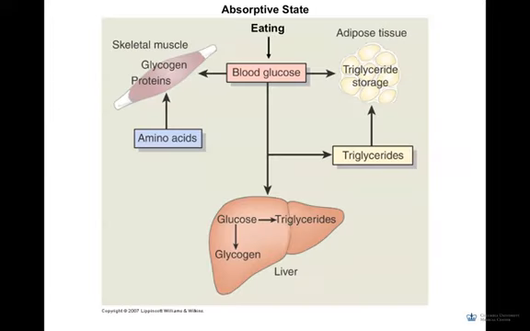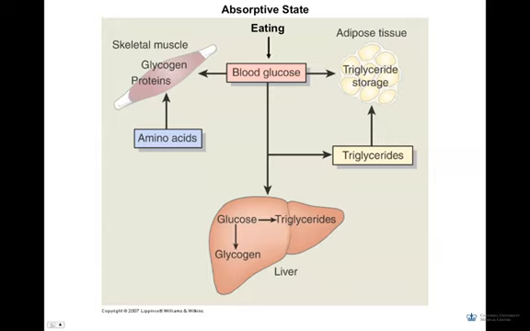So what happens during the absorptive state to help achieve this goal of maintaining a normal range of blood glucose? Under absorptive state conditions, we're consuming food, digesting it, and absorbing glucose through the GI tract, and so blood glucose levels are starting to rise.